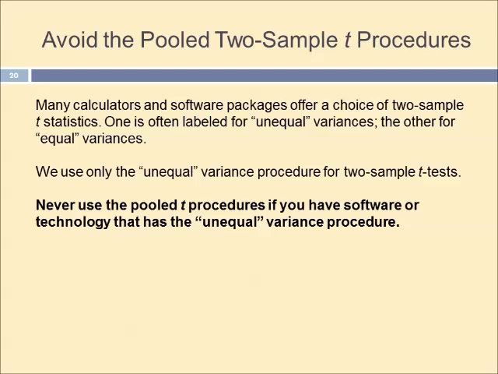Okay, some cautions here. Many of the calculators or software packages have a choice of two-sample t-statistics. One is often labeled unequal variance, the other for equal variance. We only use unequal variance as the procedure for two-sample t-tests. You never use the pooled t procedures if you have software or technology that has unequal variance procedure.